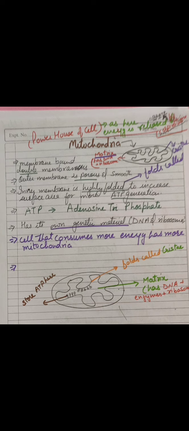So this mitochondria, its number varies. The areas which require more energy will have more mitochondria. Imagine in your body, your leg muscles and hand muscles are in use a lot, so naturally these muscles require more mitochondria.